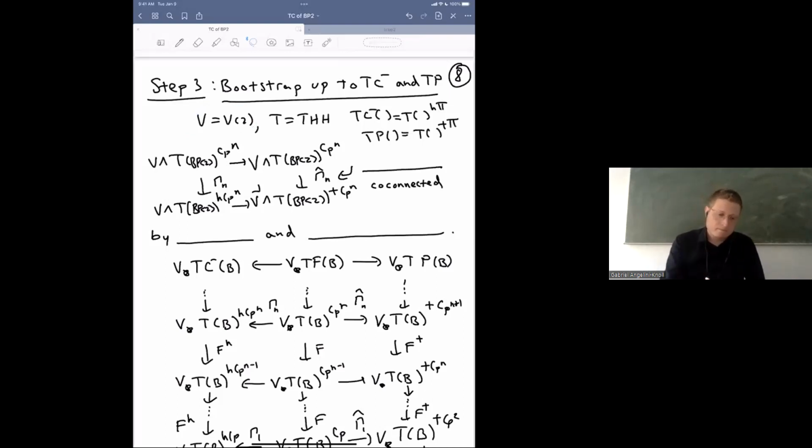I claim we also know that this map is 2p^2 plus 2p minus 3 coconnected.